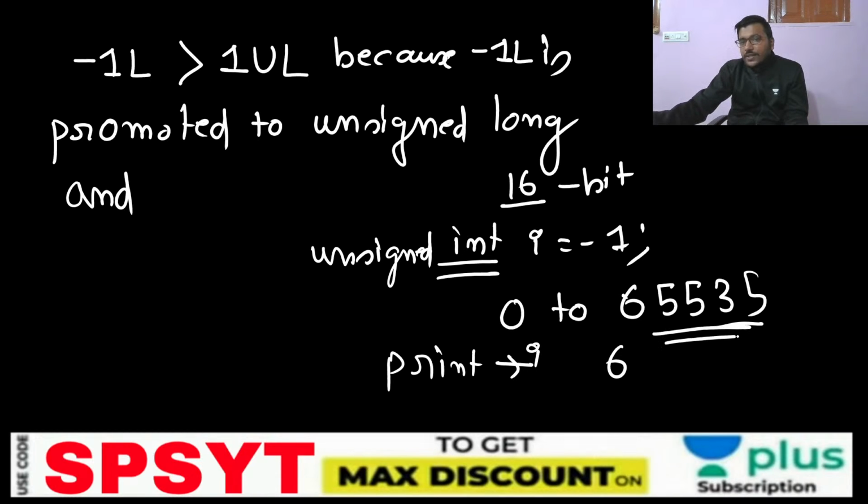Let's assume I don't know the exact number, and let's assume the last number is this, so it will print 65535. Am I clear?